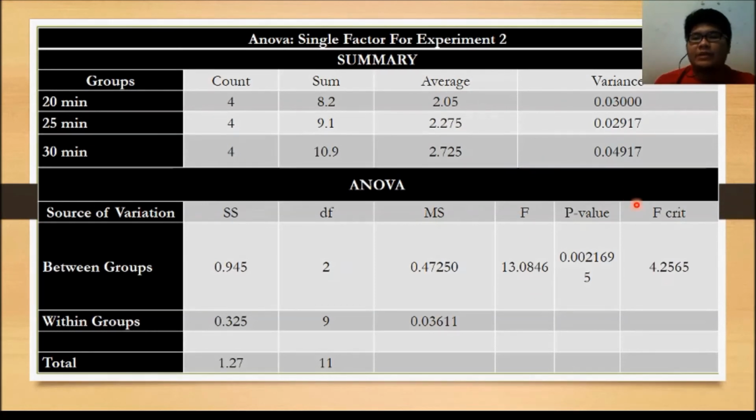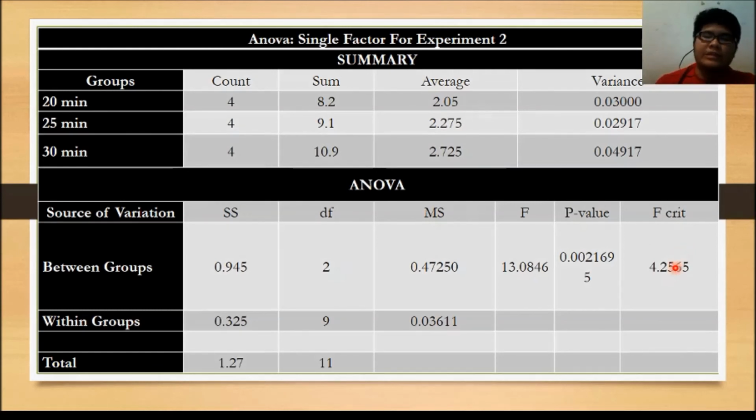And finally we look at the table, and we got the row is 2 and the column is 9. So we got the F critical is 4.2565.